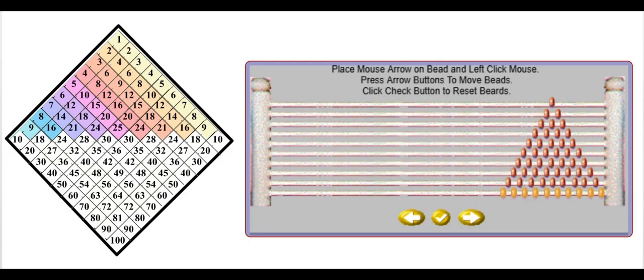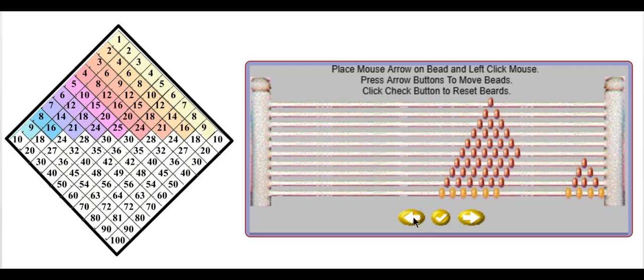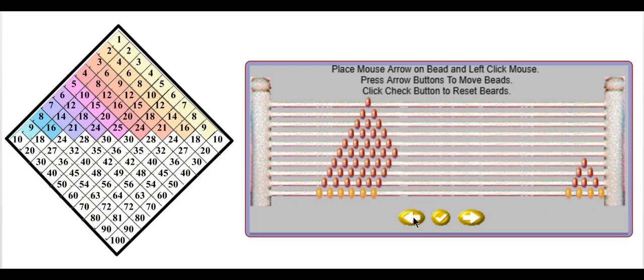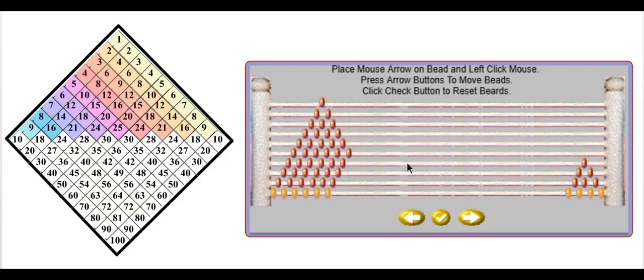Let's try 6 times 8 on the Pythabacus. So we'll count down from the top 1 bead, 1, 2, 3, 4, 5, 6, and push those beads over to the left post.